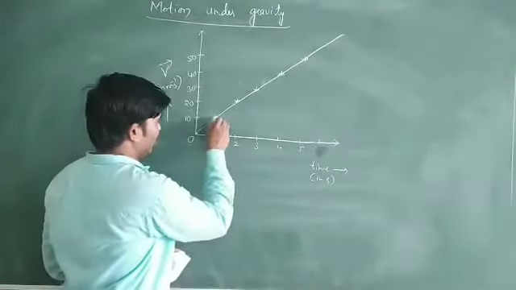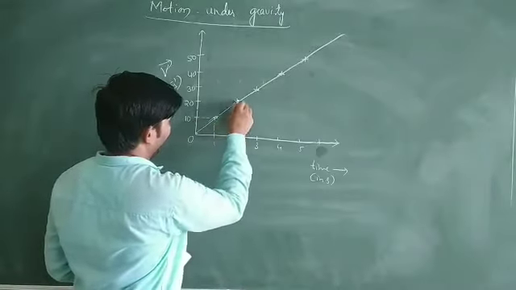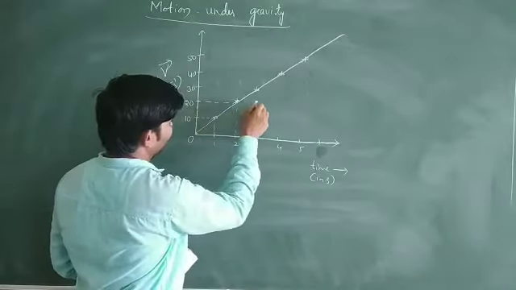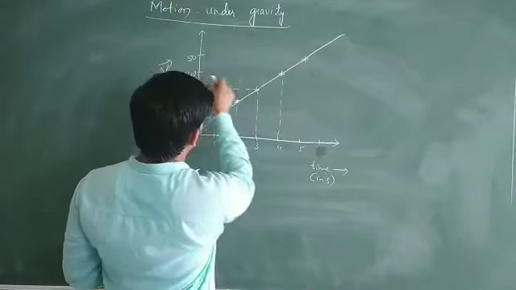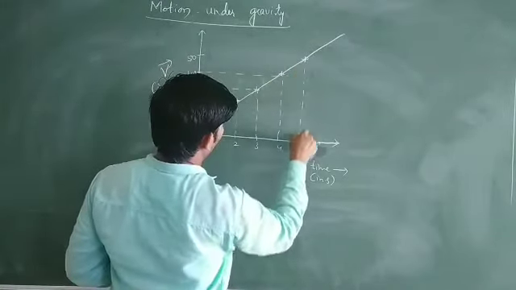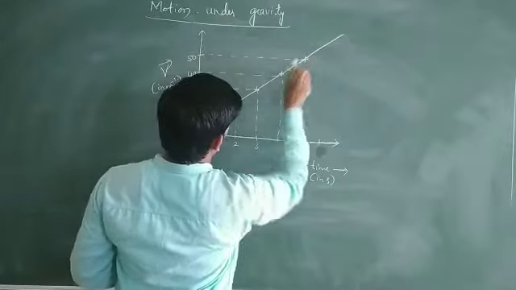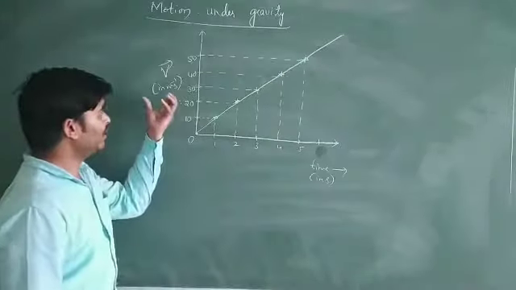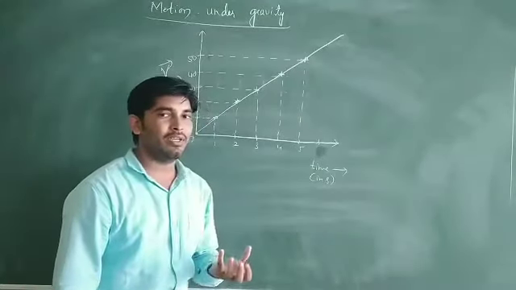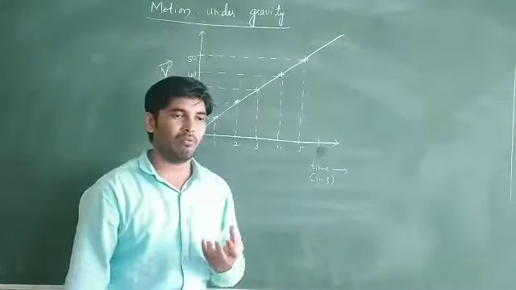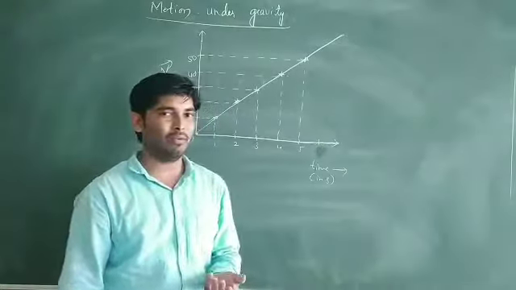Just draw the perpendicular lines to the time axis as well as the velocity axis from each point. Now from this velocity-time graph, we can obtain the displacement-time graph.